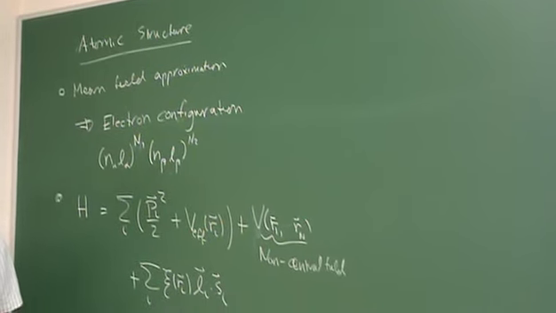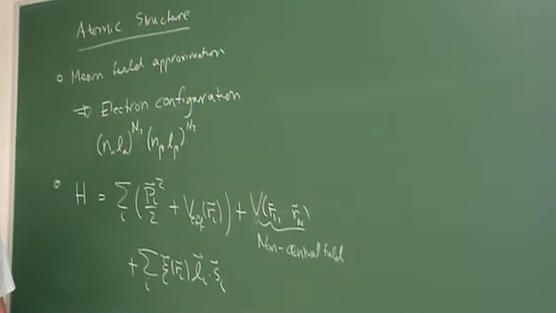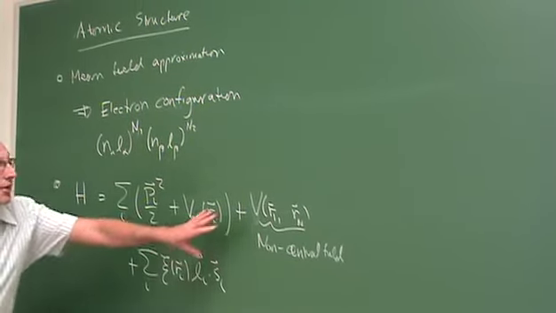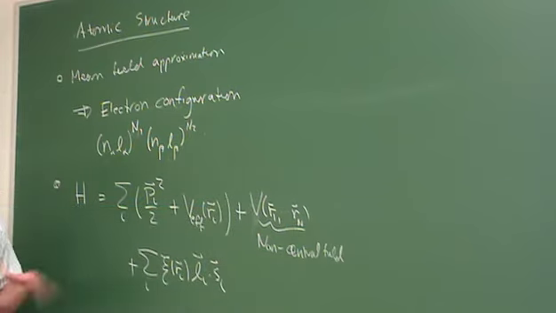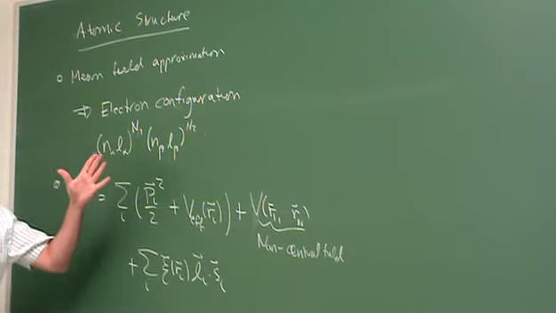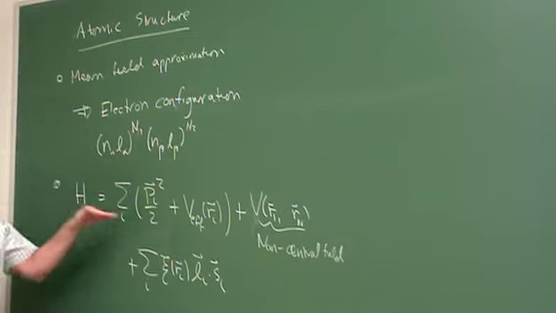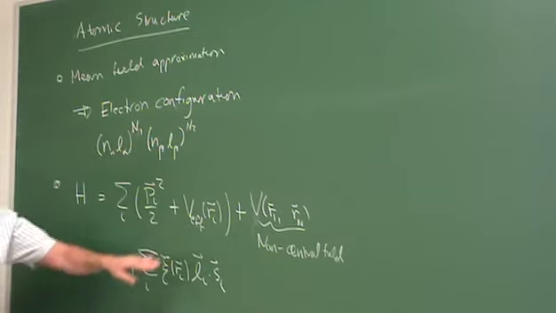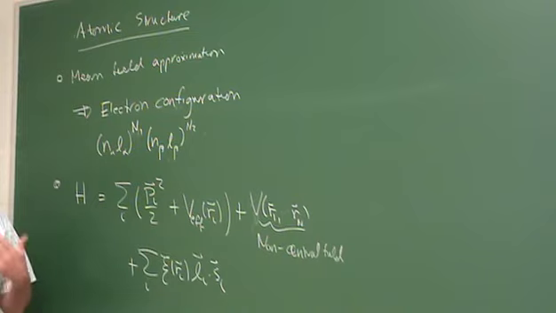And so what we discussed last time was how we can think about these additional terms as perturbations to this description. Depending upon which of these terms dominate, that determined, in some sense, what the good quantum numbers were that described this many electron state, this many electron wave function.